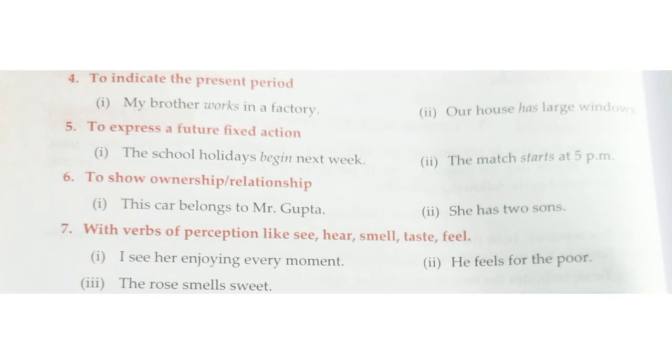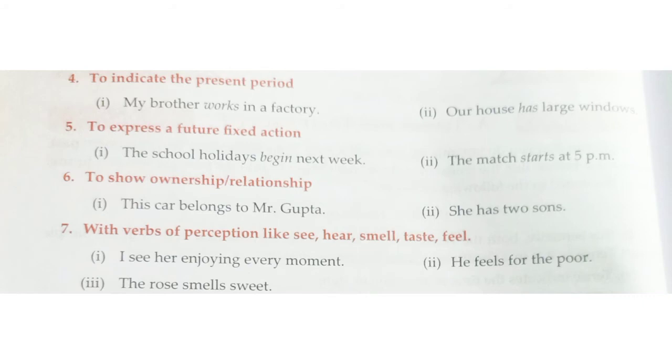Or if we want to show some sort of ownership or relationship, like ownership, "This car belongs to Mr. Gupta," or "She has two sons." When we're talking about a relation, we are not trying to show any action, we are trying to show the state.